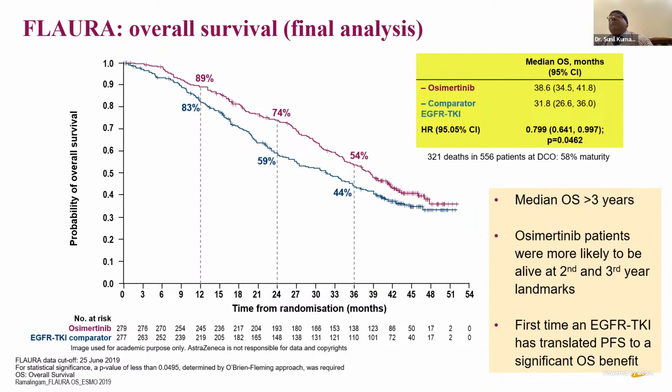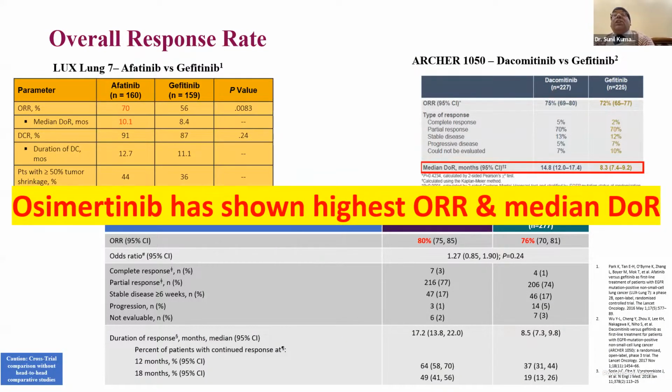Osimertinib, 38.6 months overall survival as compared to the standard care TKI, 31.8, means roughly a 7 month benefit seen, hazard ratio 0.799, median overall survival more than 3 years, and patients were more likely to be alive at 2 years or 3 years. It is the first TKI which has shown such a change from progression-free survival to overall survival in clinical practice, by the FLAURA trial. Next slide, please. So osimertinib has shown the highest overall response rate, median duration of response, and disease control rate. Next slide, please.